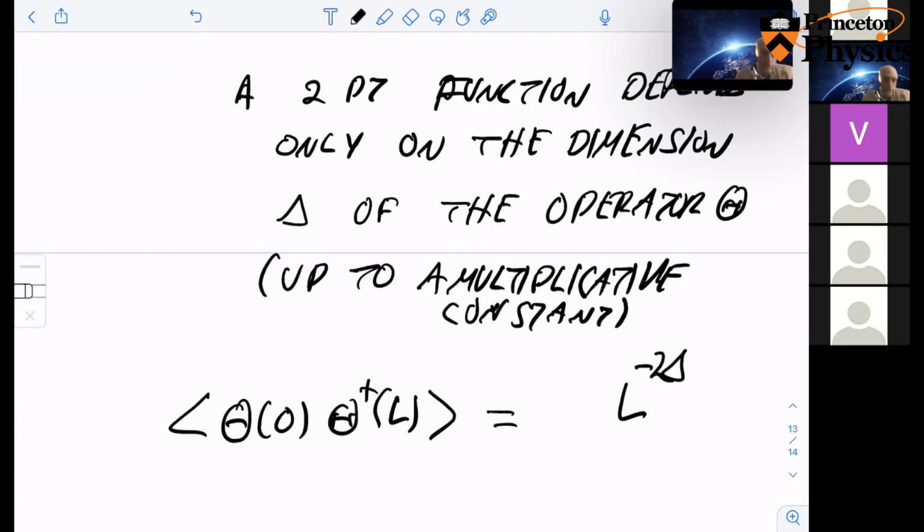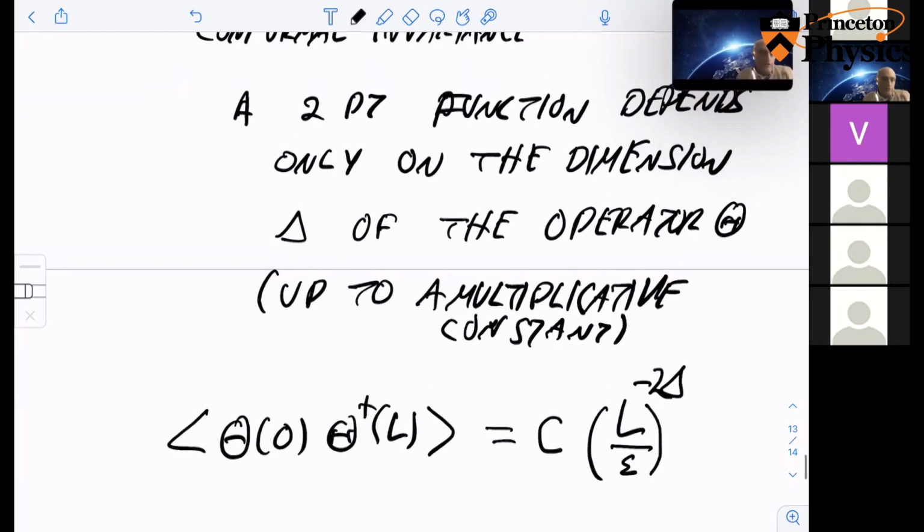Up to a constant. By dimensional analysis, we make it L over epsilon to the minus 2 delta, and then there could be some other constant in front. So the general form of theta of 0, theta dagger of L, is (L over epsilon) to the minus 2 delta times a constant, if I assume that theta has dimension delta.